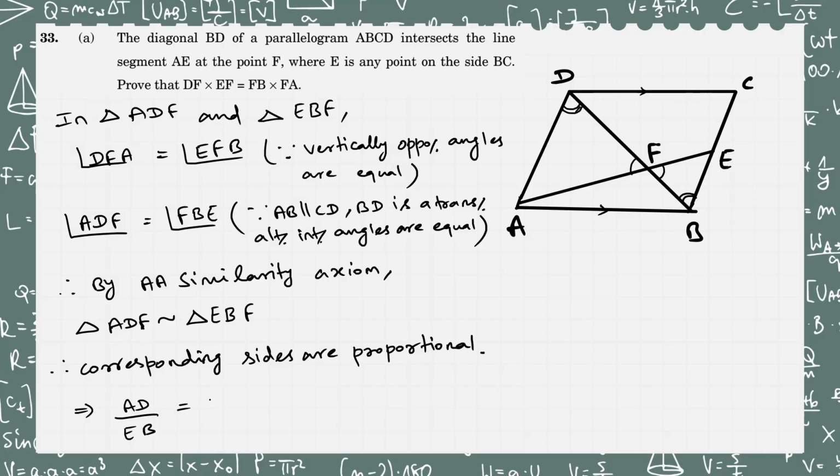That proportionality equals DF by BF, and that equals AF by EF. Correct? And look at the thing we have to prove: DF, EF, FB, FA. Okay, where are they? DF, BF, FB both are same, and FA, AF both are same, and EF. So the last two ratios we are going to consider now, right?